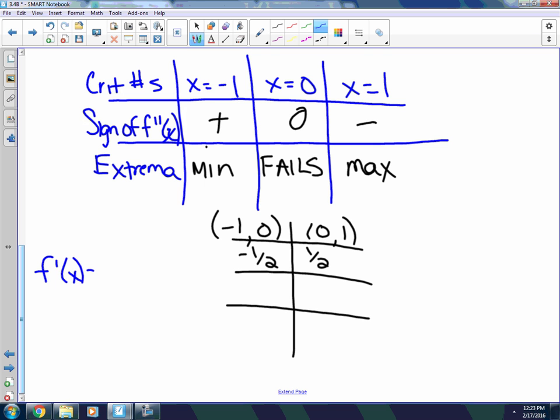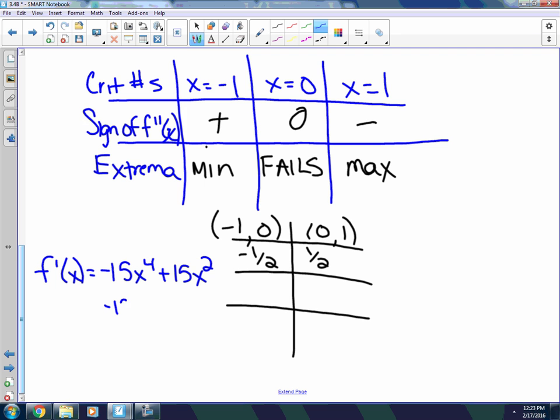And we put those into the first derivative, which was this: -15x to the 4th plus 15x squared. And we have to figure out when we put those numbers in if they're going to be positive or negative. So if I put a negative 1/2 in here, it's going to be 1/2 times 1/2 times 1/2 times 1/2.